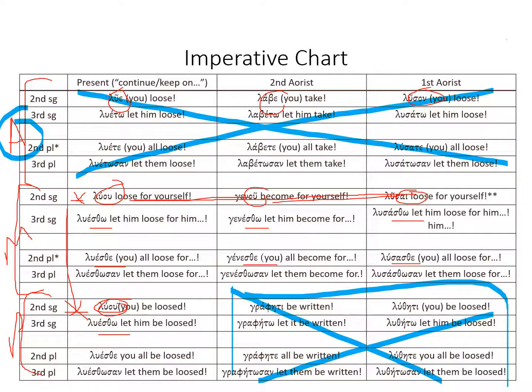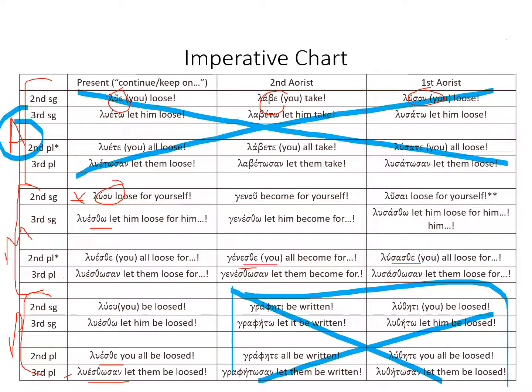I missed stow here in the third singular, but now the second plural, ste, ste, ste, and here the second plural. And then the third plural, both here in the middle and in the passive, stoson, stoson, stoson here, and stoson here. Let me go back through and solidify this a bit for you.